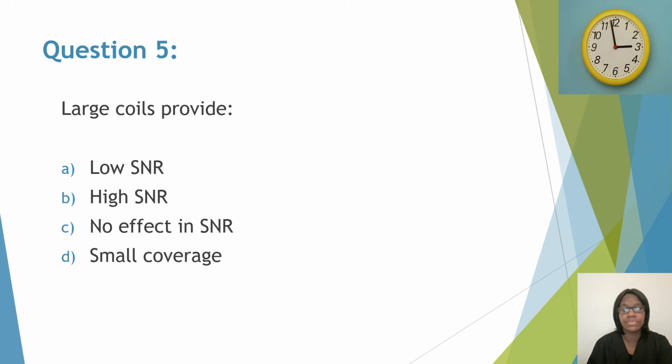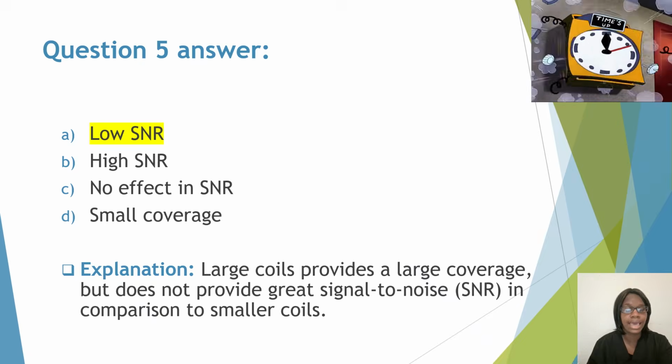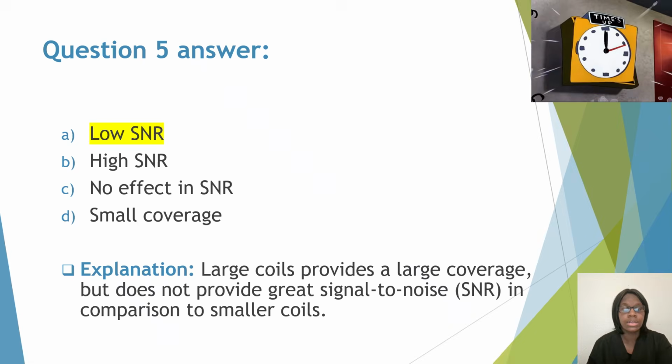All right, the correct answer is A, low SNR. Large coils provide a large coverage but do not provide great signal to noise, or SNR, in comparison to smaller coils. So keep that in mind.